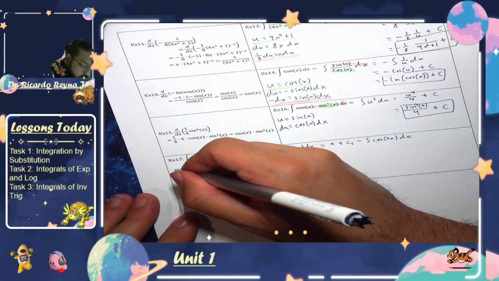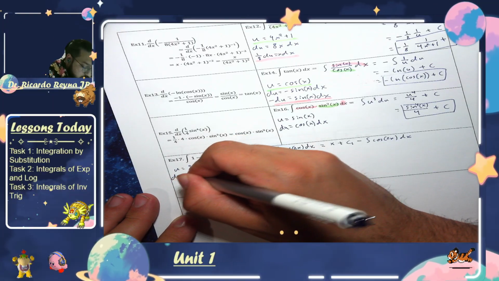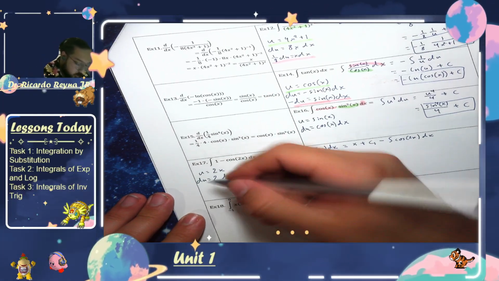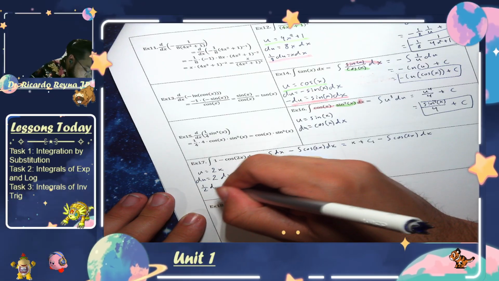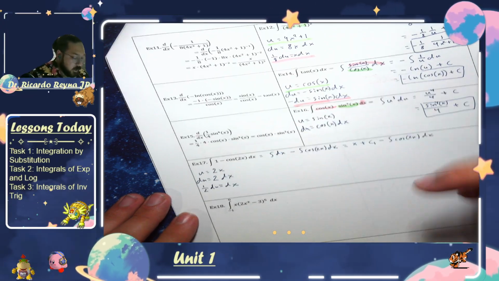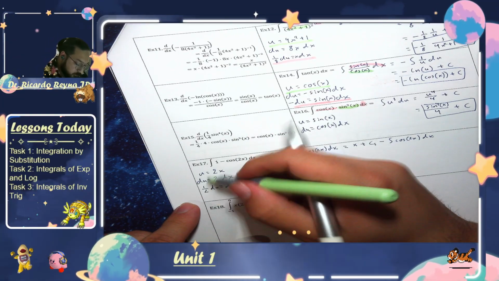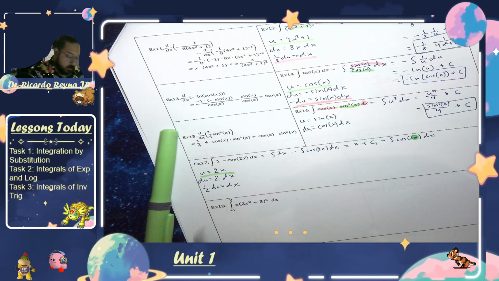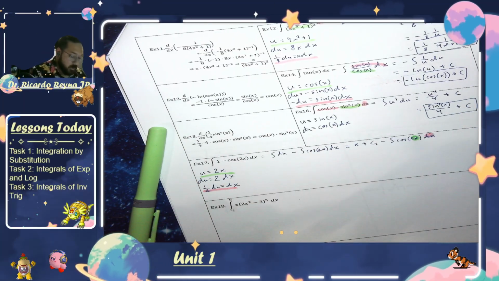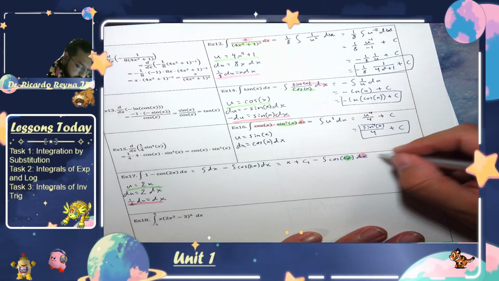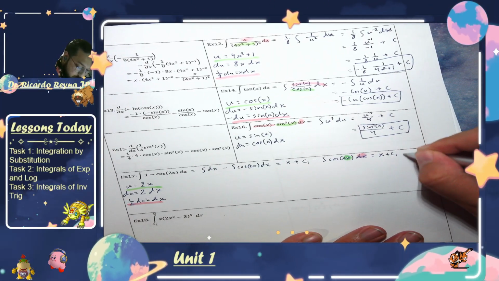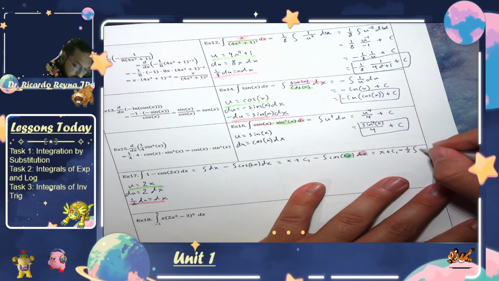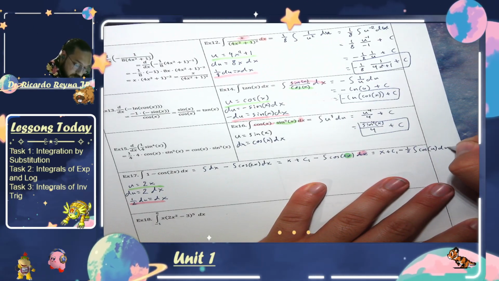All right, so let's make u 2x and du be 2 dx. We don't see 2 dx here, so we have to make it work with this equation, and we definitely can. So this gets replaced with u, and then this dx gets replaced with a 1/2 and a du. We have 1/2 integral of cosine of u du.